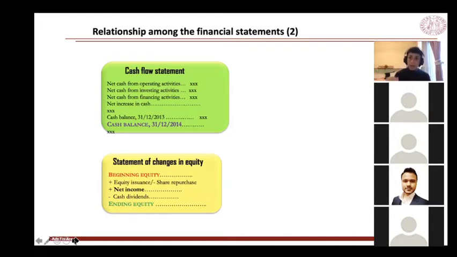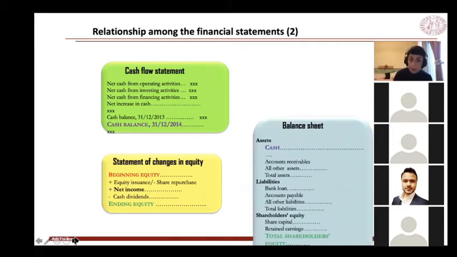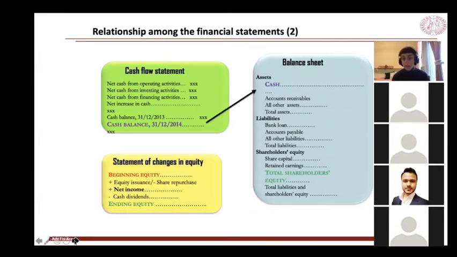The sum of this net cash gives you the net increase in cash, which is summed to the beginning of the year cash balance to give you that very same number that goes under current assets, cash and cash equivalents in the balance sheet. The statement of changes in equity, in turn, gives you the ending equity, which has to be equal to the total shareholders' equity computed in the balance sheet.